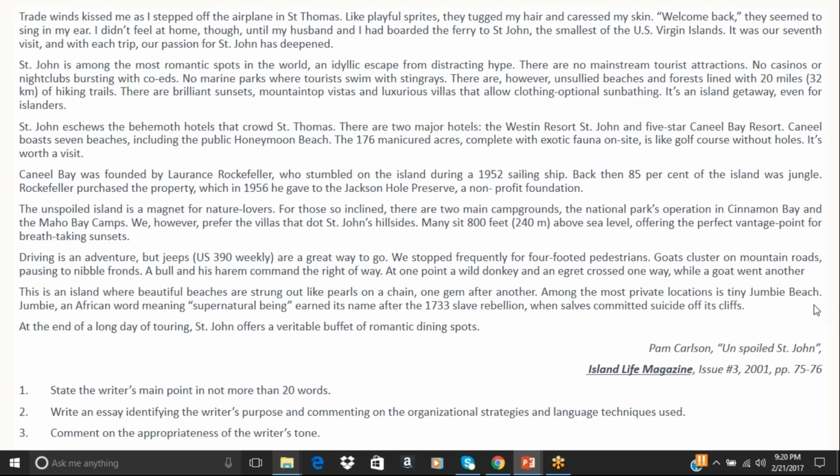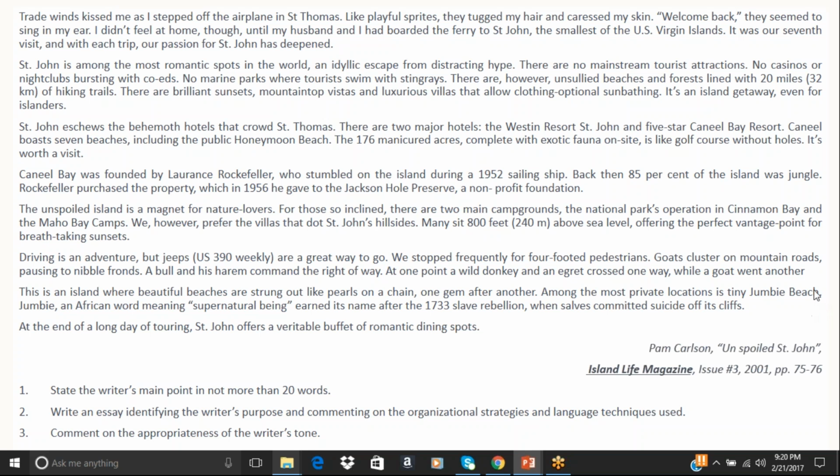This is an island where beautiful beaches are strung out like pearls on a chain, one gem after another. Among the most private locations is tiny Jumbie Beach. Jumbie, an African word meaning supernatural being, earned its name after the 1733 slave rebellion when slaves committed suicide off its cliffs. At the end of a long day of touring, St. John offers a veritable buffet of romantic dining spots.